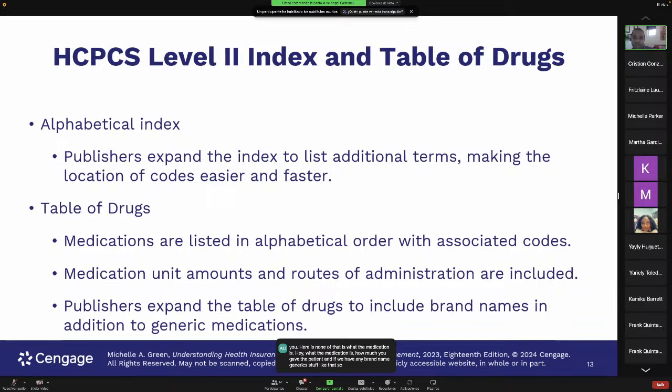So it's easier to get to that information in a table, because again, we have different components or different things that you need to look at, and a table setting will look a little bit better. So again, alphabetical order in the table, just like what we saw in the ICD 10.